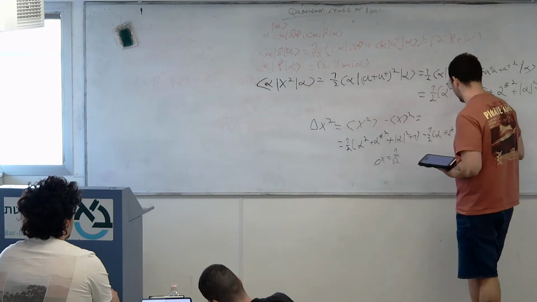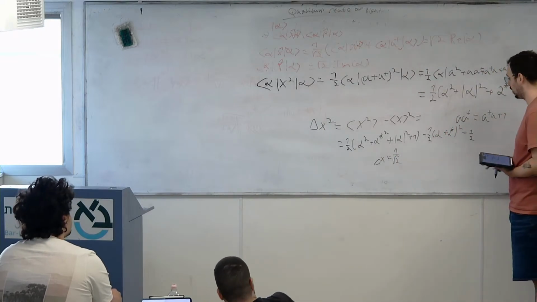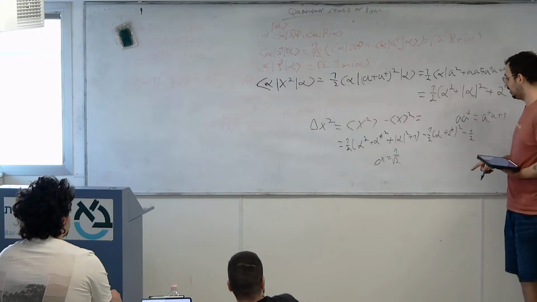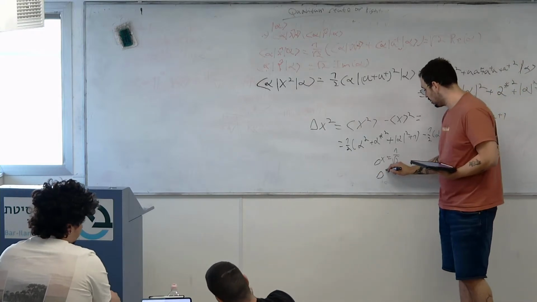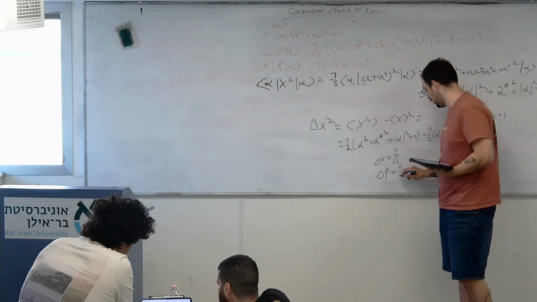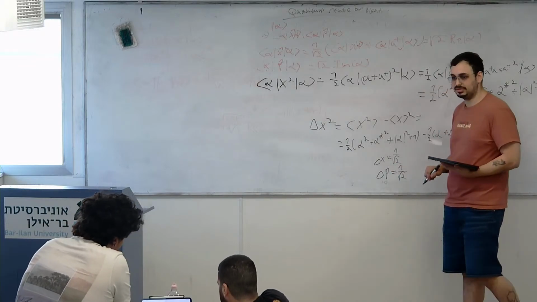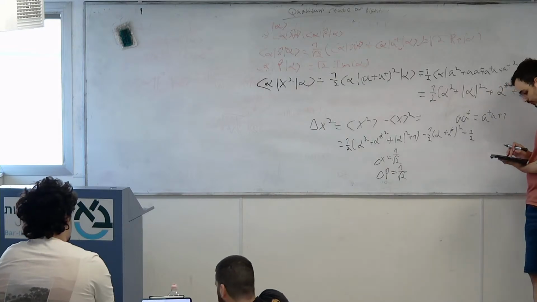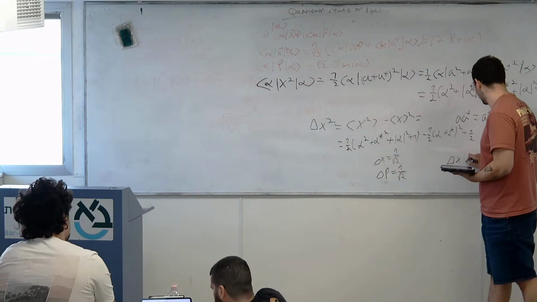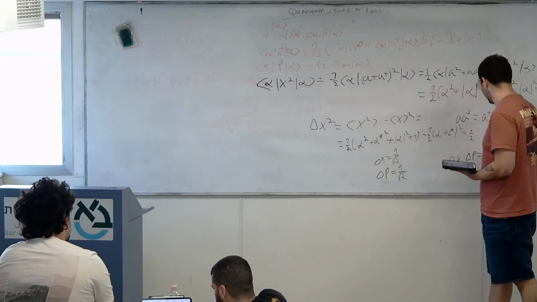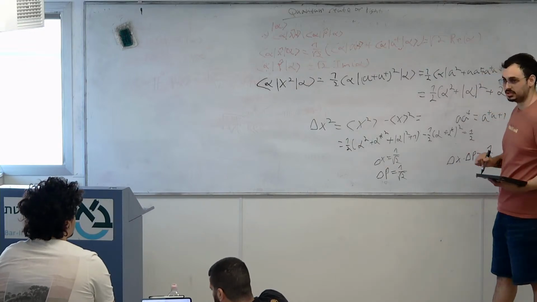You can trust me, you can do the math yourself. Delta x will be equal to 1 over square root of 2. And I believe it's not unfeasible that delta p would be the same. And overall, we see that delta x times delta p equals 1 over 2, which is minimum uncertainty.